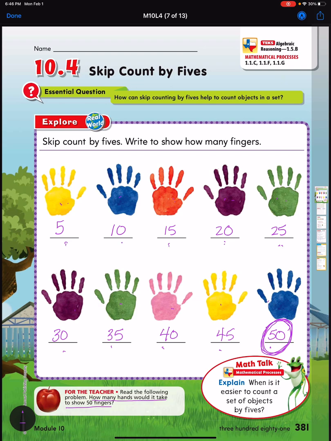That was much faster than counting each individual finger. All right, so how many sets of 5 are there in 50? How many groups? 10. 10 groups of 5 is 50. 10 hands is 50 fingers.